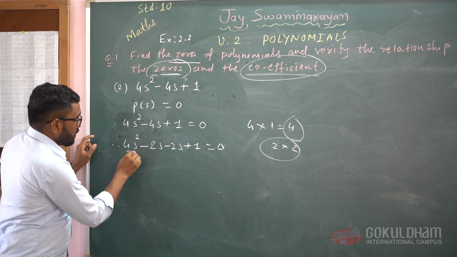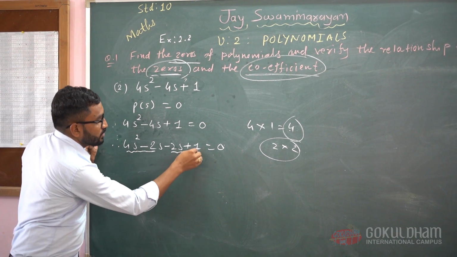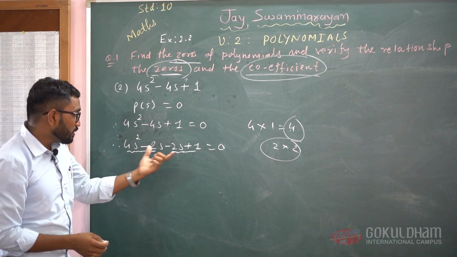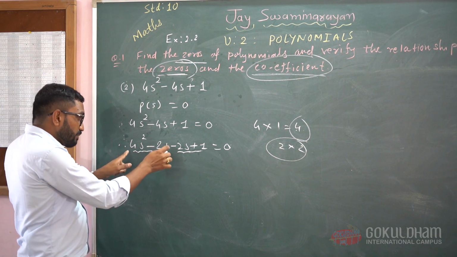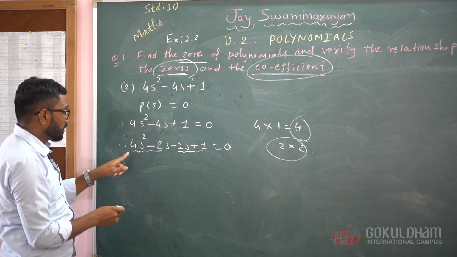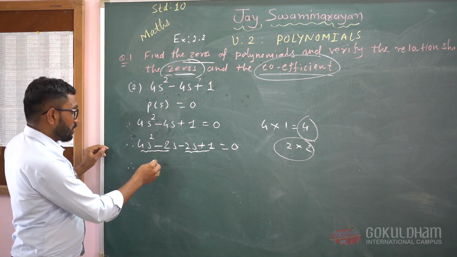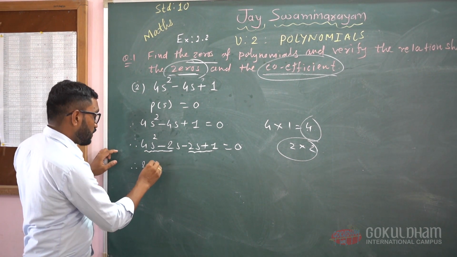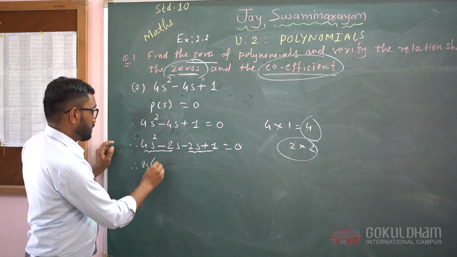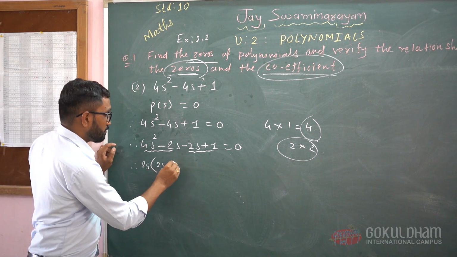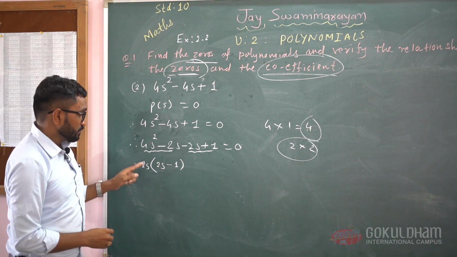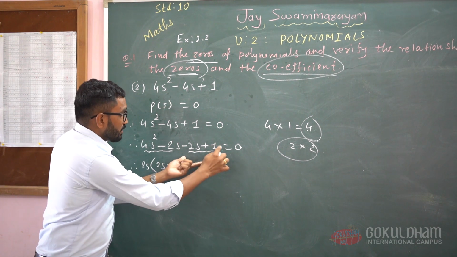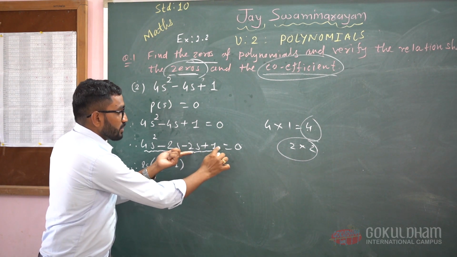Now this one and this one are two terms, so find the common number in the first term. In this term 2 and s are common, therefore 2s in bracket, 2s minus 1, and in the second term 2s minus 1.